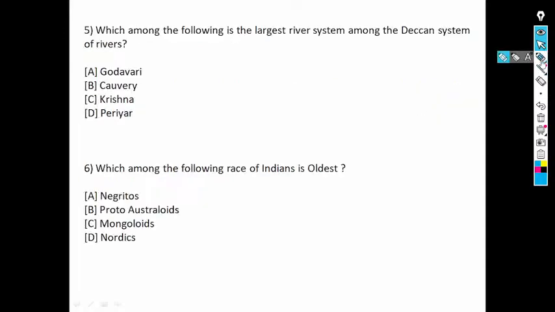Next, which among the following is the largest river system among the Deccan system of rivers? Among the Deccan system of rivers, the largest river system particularly.